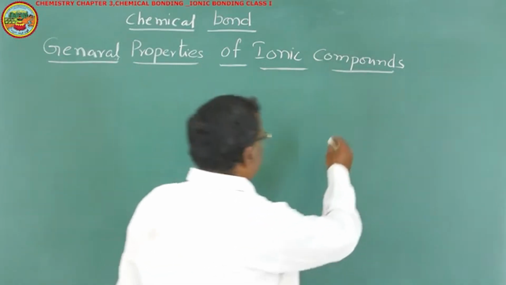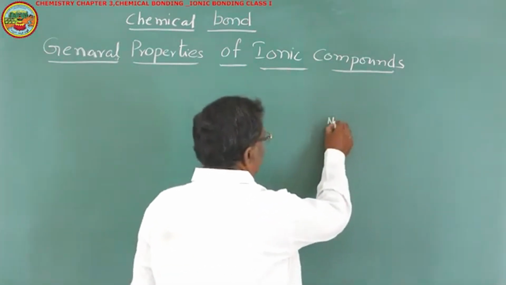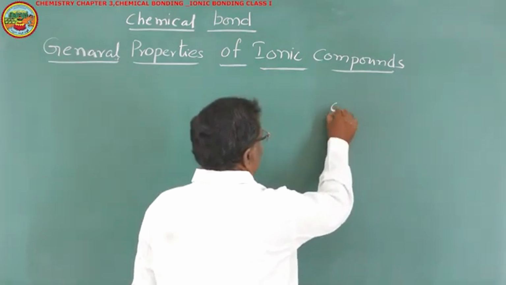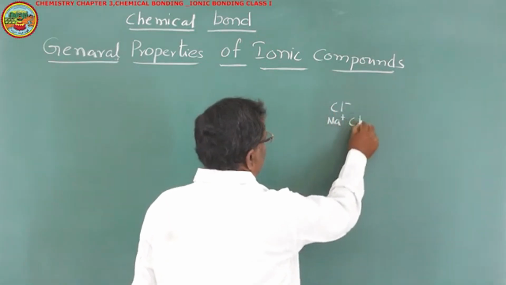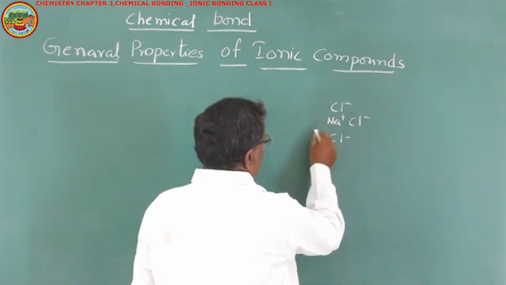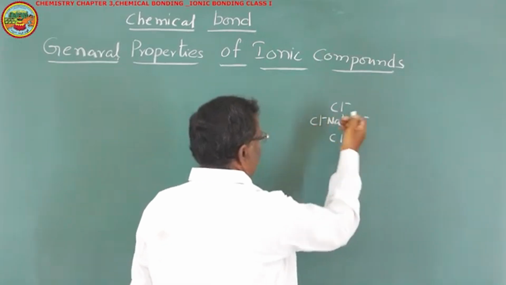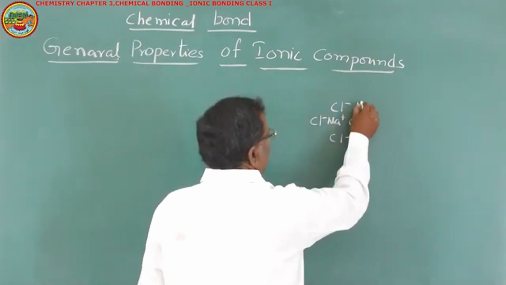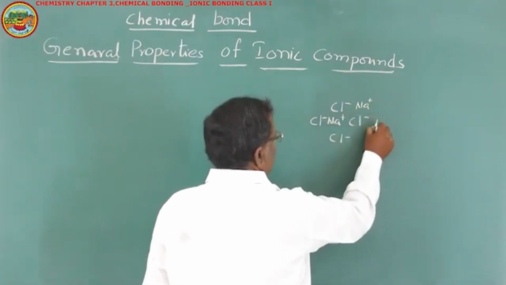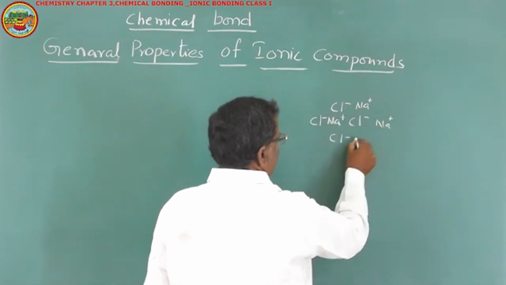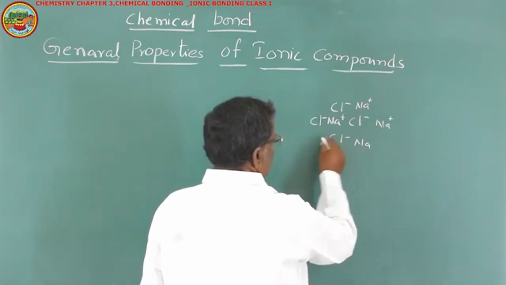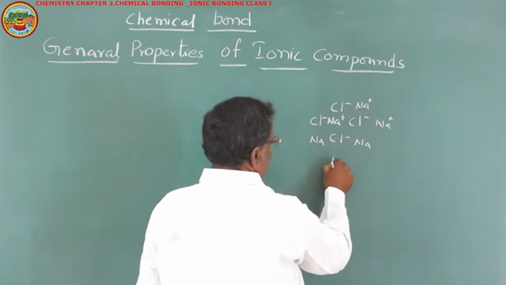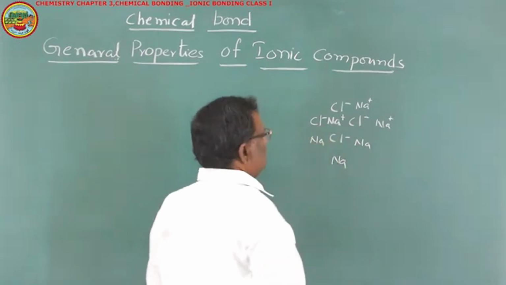That means, in an NaCl crystal, each Na plus ion is surrounded by 6 Cl minus ions, one in the front and the other on the back side, and each Cl minus ion is surrounded by 6 Na plus ions, like this.